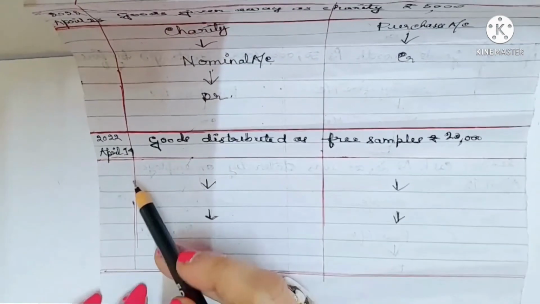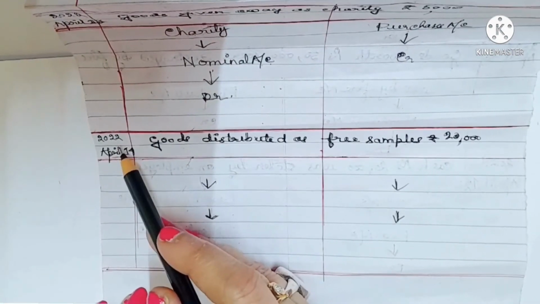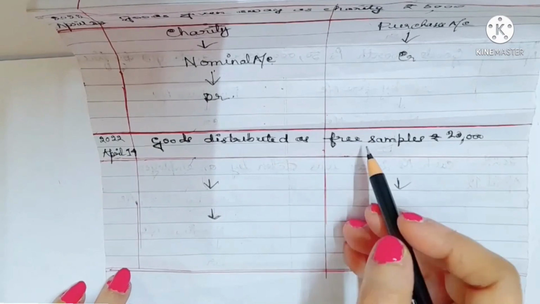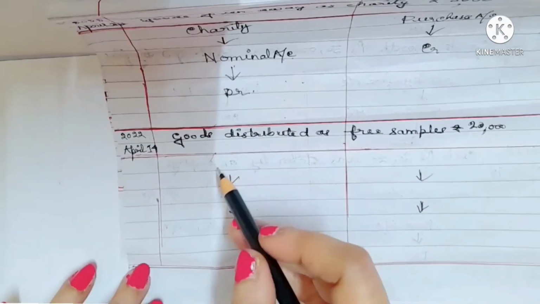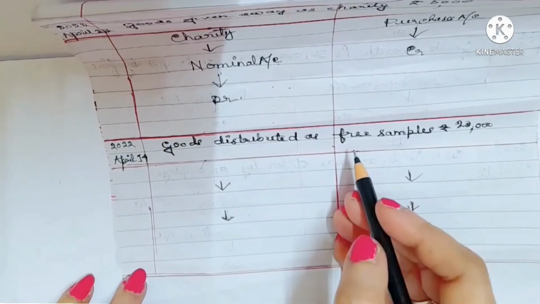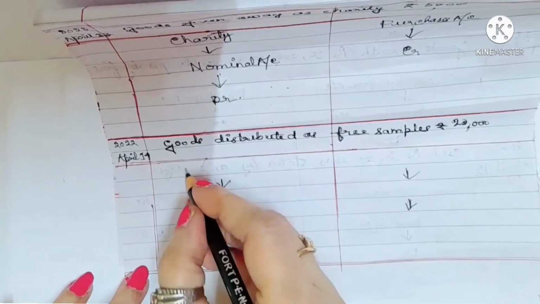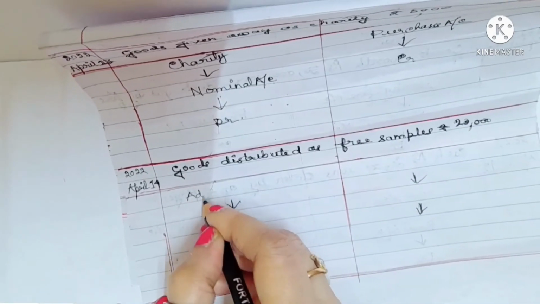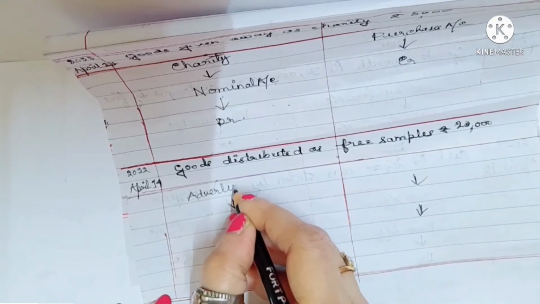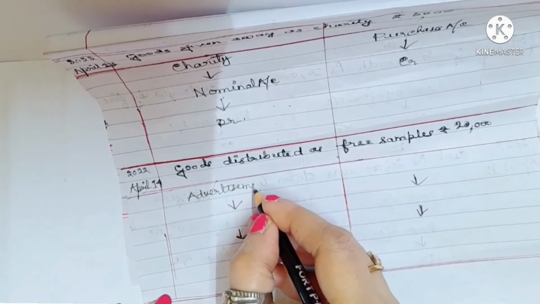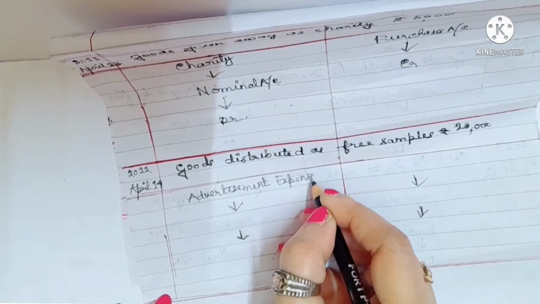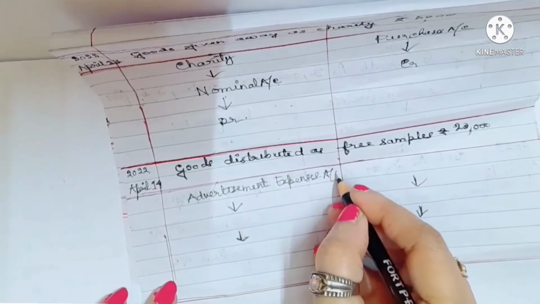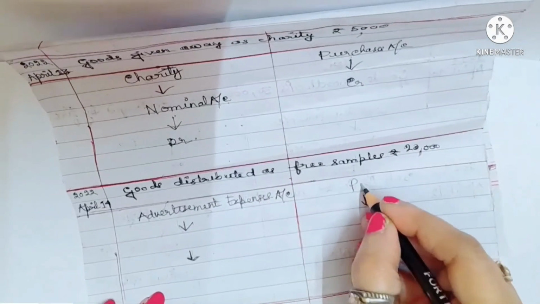The last transaction is on 14th April 2022, goods distributed as free samples rupees 20,000. First, let us identify the two accounts. One will be advertisement account. Another will be purchases account.